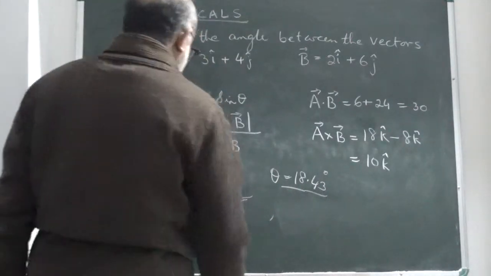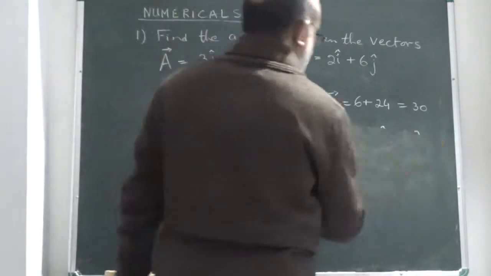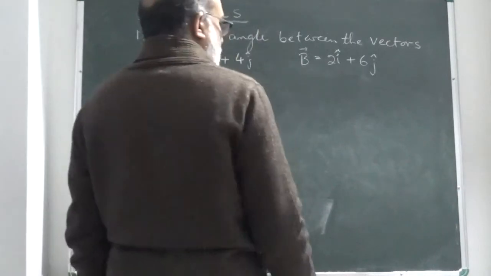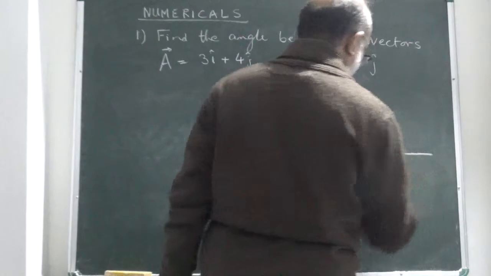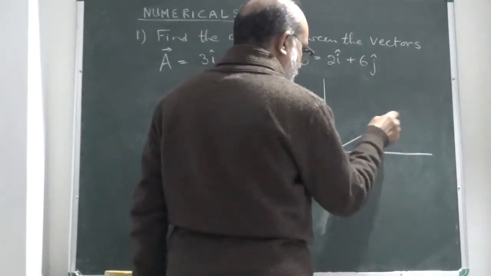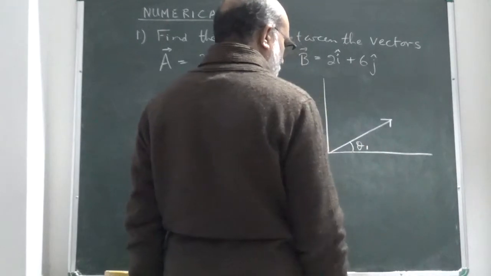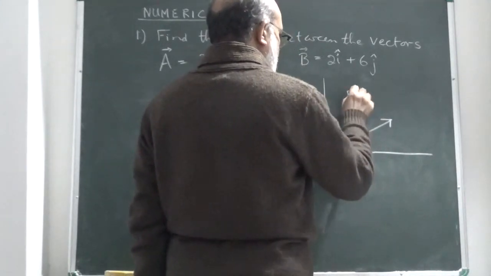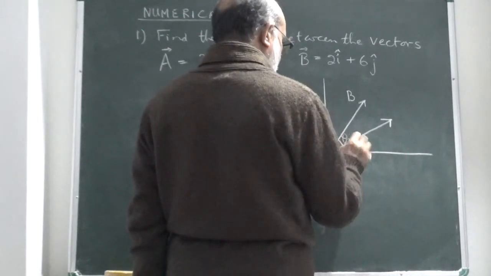There is one more way to find the angle between the two vectors, and that is: suppose we have two vectors, A, which makes an angle, say theta 1, with the x-axis, and vector B, which makes an angle theta 2 with the x-axis.